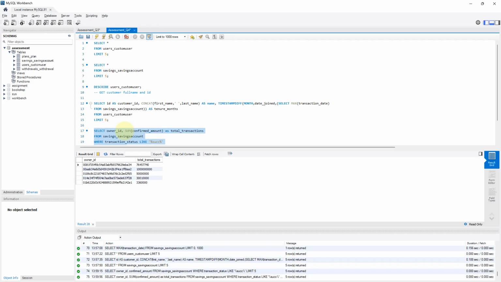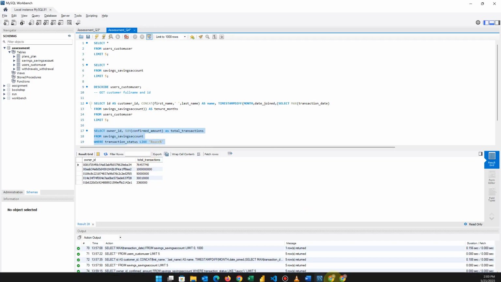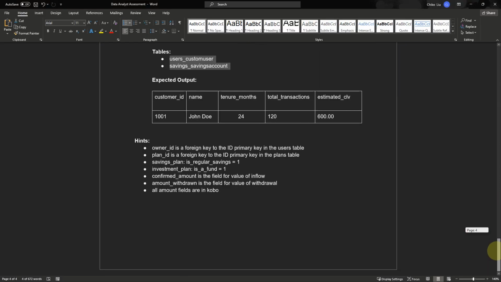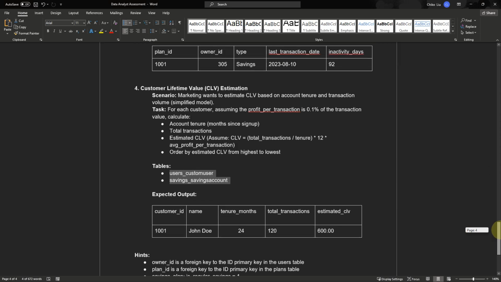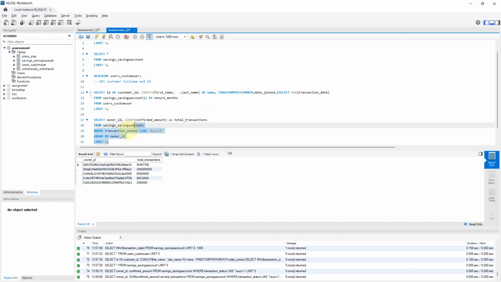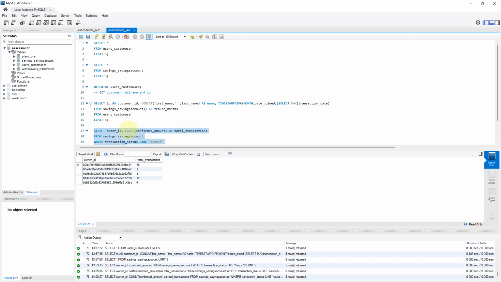Then we have this. Oh, mind you, this transaction is in Kobo, as they stated earlier. If you look at the last, amount fields are in Kobo. So total transaction will be a count, not a sum, right? It's supposed to be a count. Many apologies for that. So yeah, we do have that.